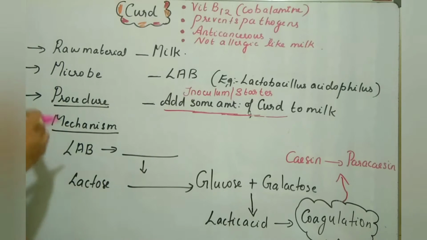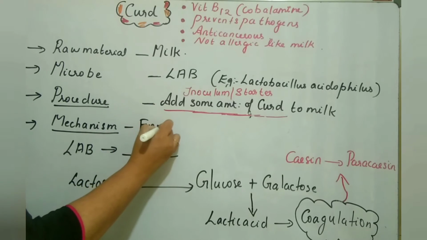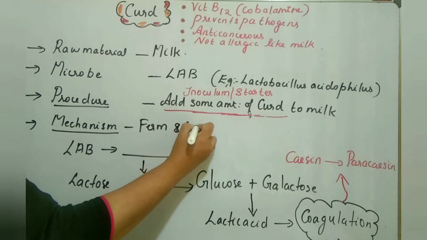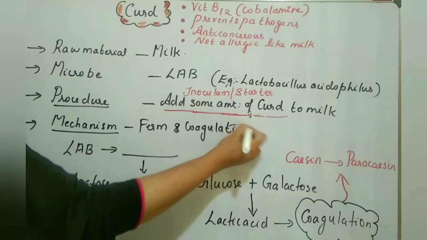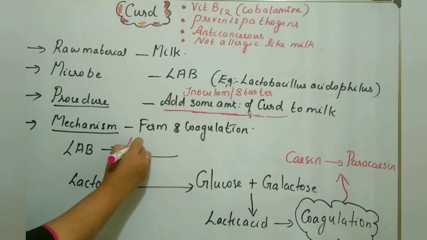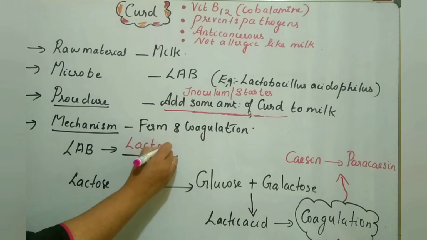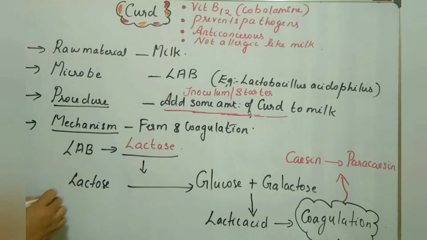Okay. And then what is the mechanism behind this? The mechanism is what? The fermentation and coagulation. So let us see. The LAB produces an enzyme called lactase. And this lactase converts the lactose, that is, the milk sugar.